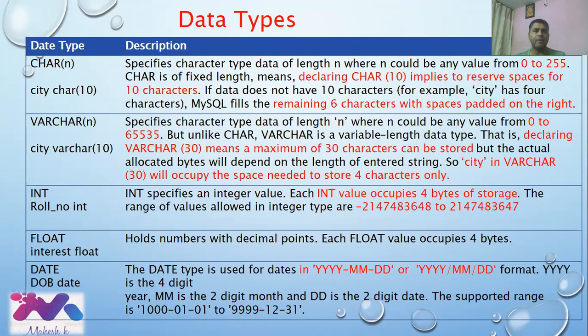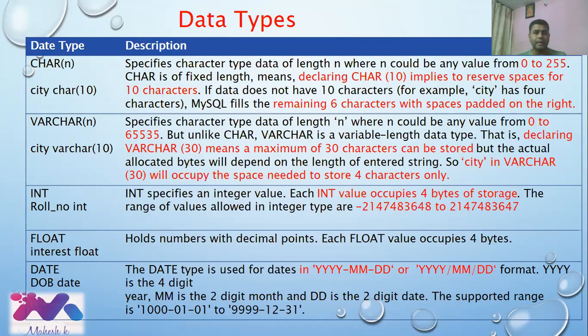Out of 10, 5 letters are occupied and the remaining 5 remain the same. For every input, your memory size will remain the same because you assigned the character data type. The remaining space will be considered as white spaces padded on the right-hand side.